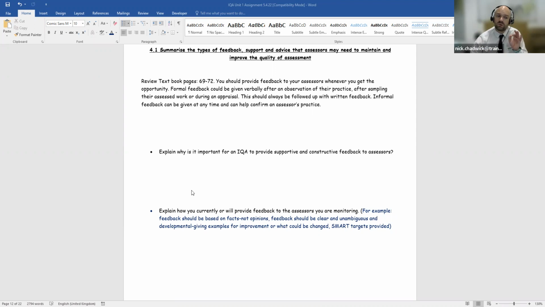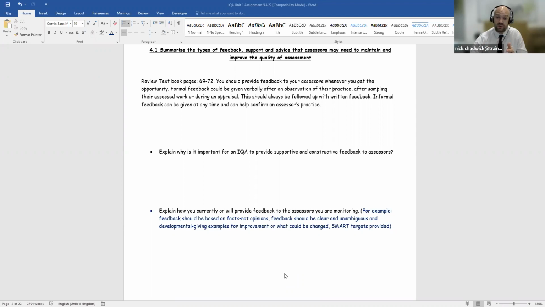So also, we would like for you to explain how you currently or will provide feedback to the assessors you are monitoring in the future as well. So within this section here, we'd like for you to talk about the good factors, the good hallmarks of providing feedback, okay? So as an IQA, feedback should be based on facts, okay, not on opinions, okay?